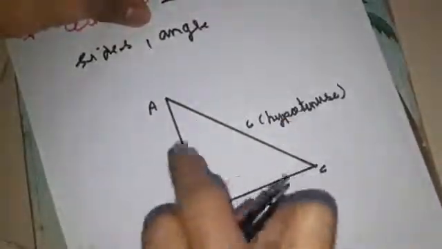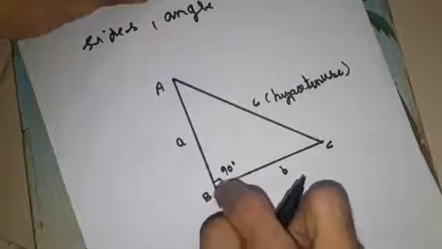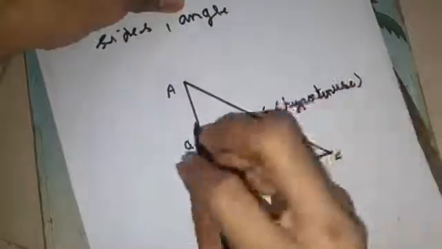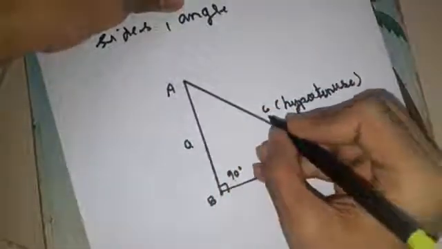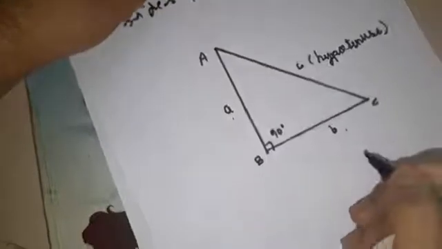Here you can see that AC is the longest side and it is opposite the 90 degree angle. Let us suppose the length of side AC is small c, the length of side AB is small a, and the length of side BC is small b.